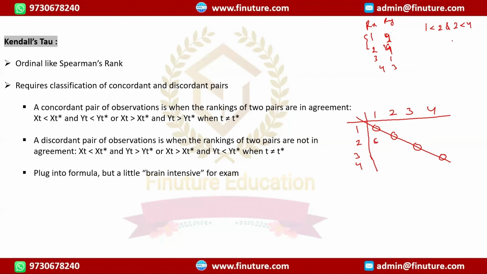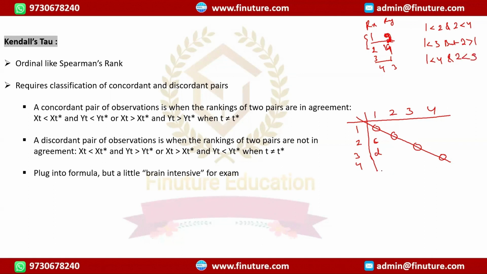If I talk about 1 and 3, 1 is less than 3, but 2 is greater than 1. This is a discordant pair. Similarly, I can compare 1 and 4: my 1 is less than 4 and 2 is less than 3.